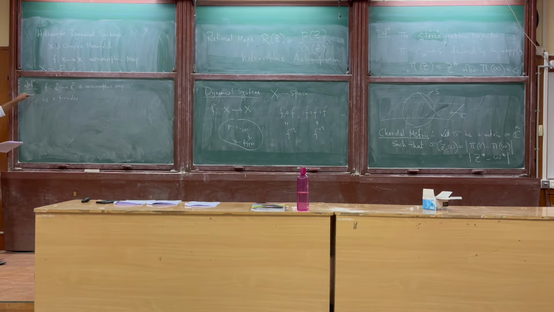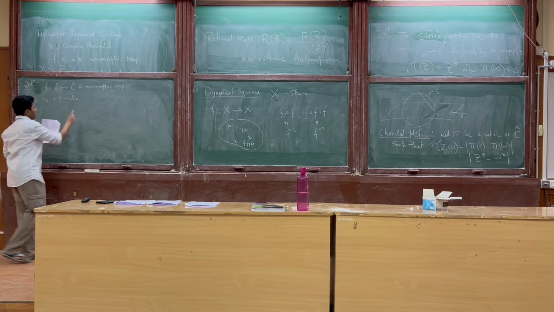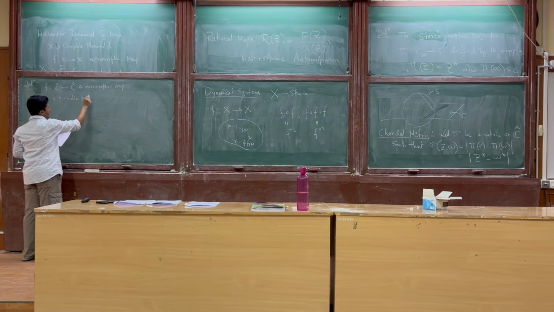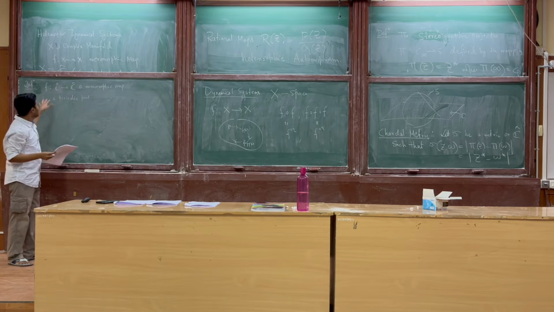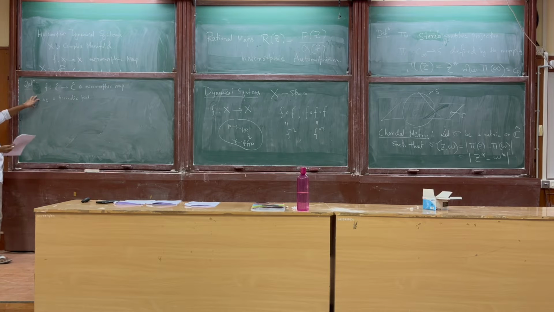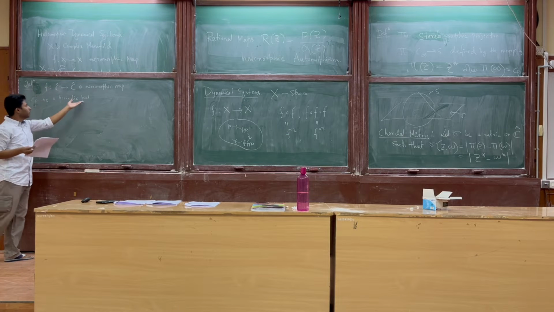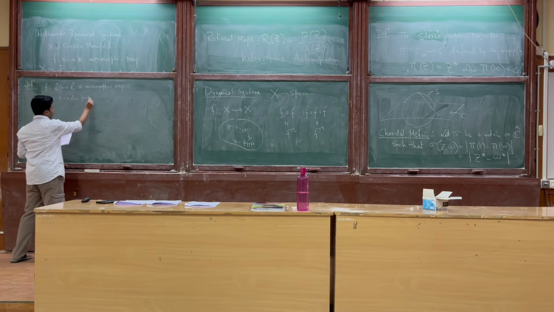We iterate f on this zeta, and after a certain stage, maybe n iterations, we get back zeta. Okay, so zeta is a periodic point. The smallest number of iterations after which we get back zeta is what we call the period of this point.